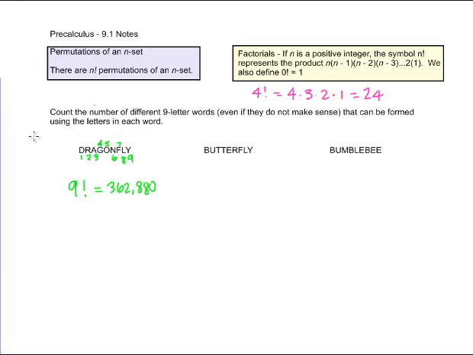Okay. Look at the next one. So we've got, again, 1, 2, 3, 4, 5, 6, 7, 8, 9 different letters. But notice that some of those letters are used more than once. We've got 2 T's, for example. There's 2 T's right here. And so what we're going to do then is look at 9 factorial, and this is going off that previous slide.